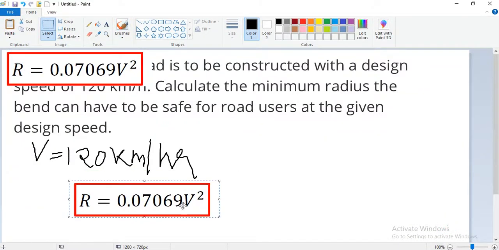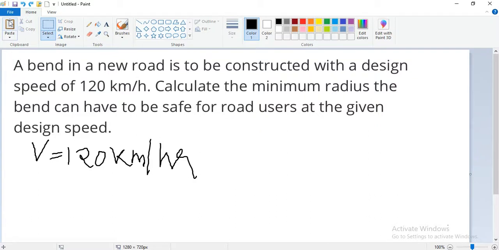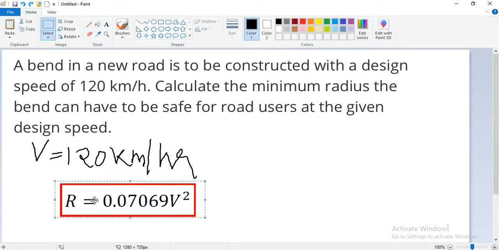R is equal to V square over this much. So V is 120. Just put the value here: 0.07069 into V, which is 120 square.